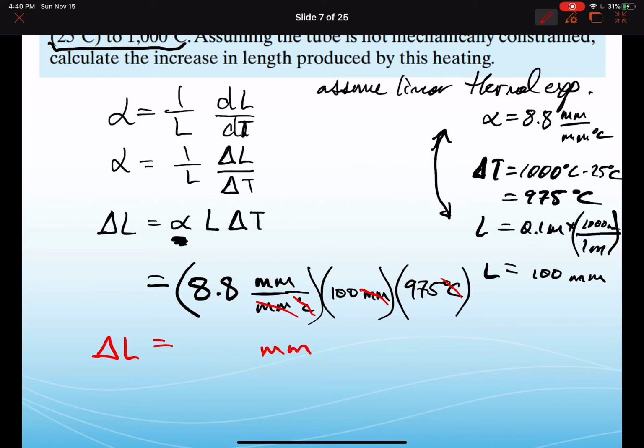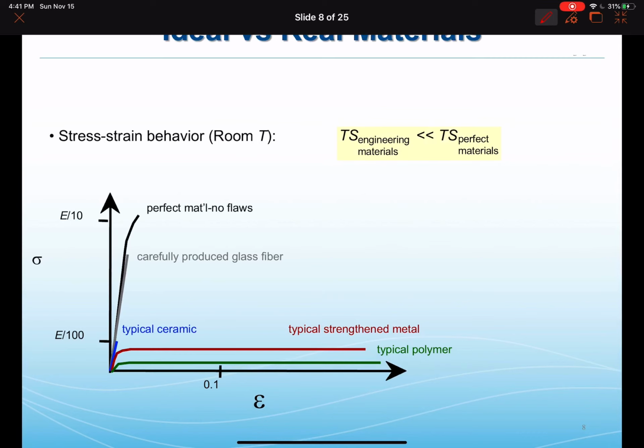At this point you should get roughly 0.858 millimeters for the change in length of this material. So the increase in length is represented by delta L here. Okay, good.